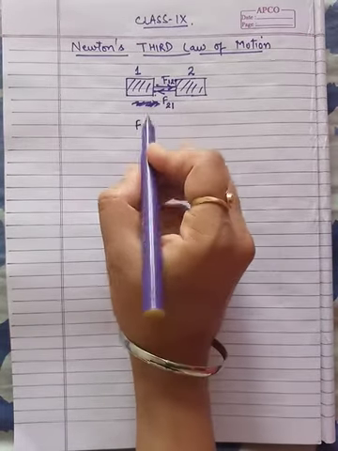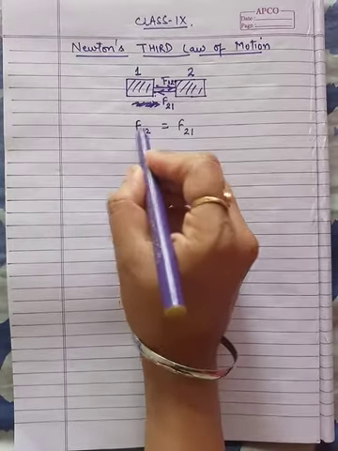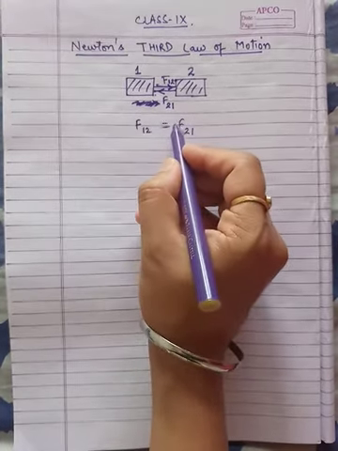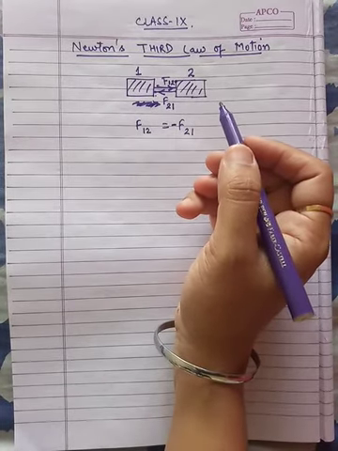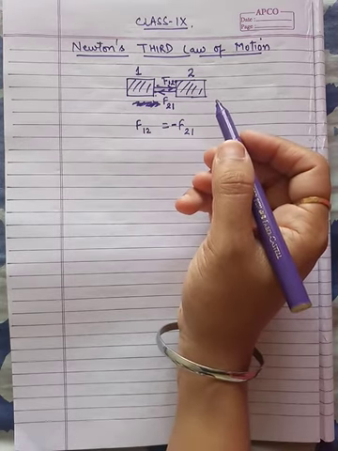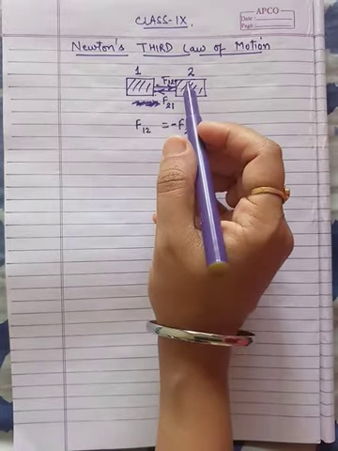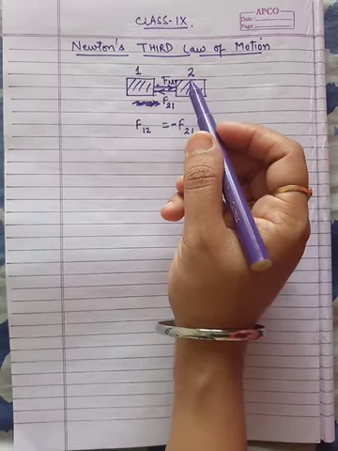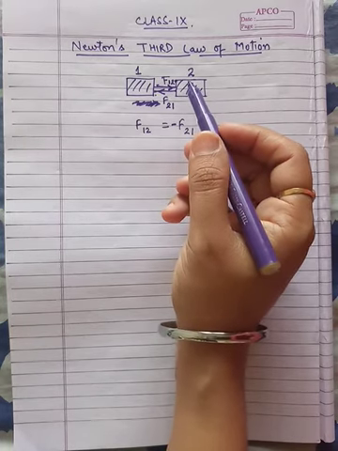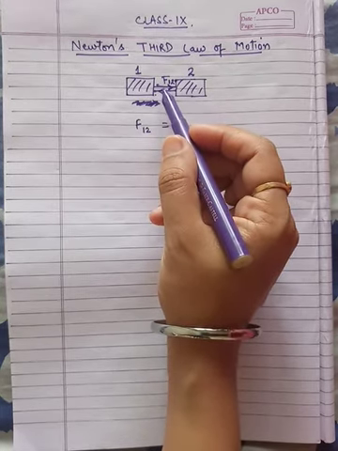As you know, F12 will be equal to F21, and because they are opposite in direction, one of them can be shown as a negative force. So this is how we explain the third law, that when one object is pushing another object or applying any force on another object, then instantaneously that other object applies an equal and opposite force towards the first object.